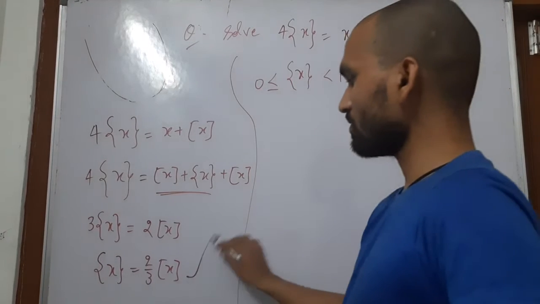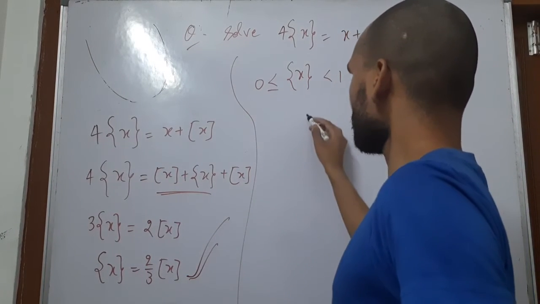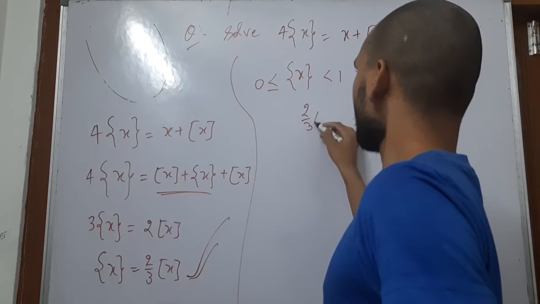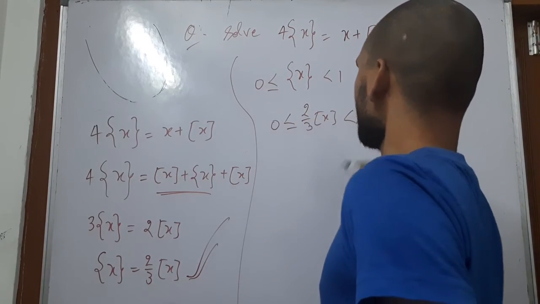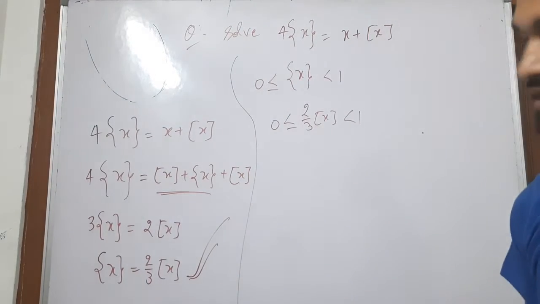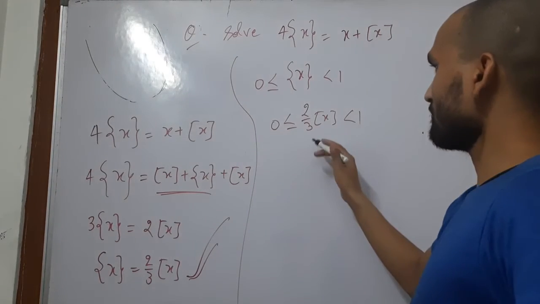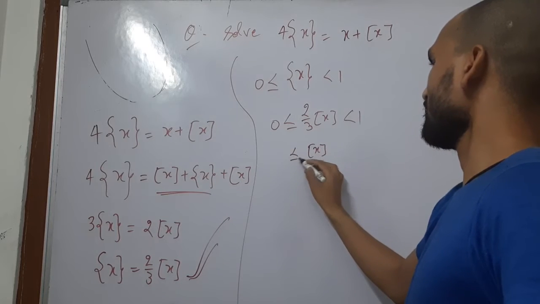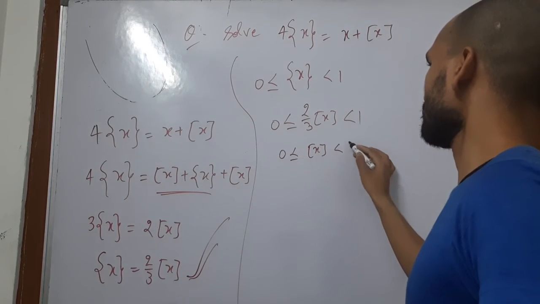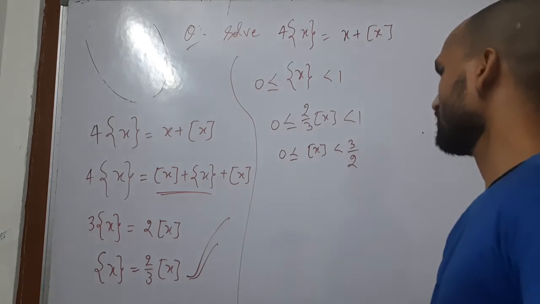So put this value of fractional part x. So 2 by 3 greatest integer x will be greater or equal to 0 and less than 1. Okay. On simplifying this, we get that greatest integer x is greater or equal to 0 and less than 3 by 2.